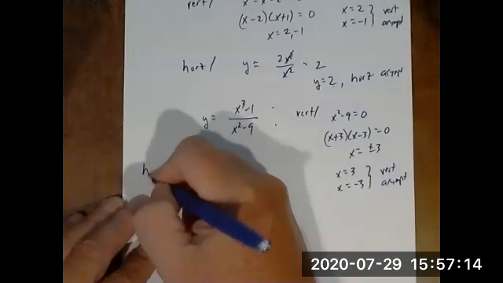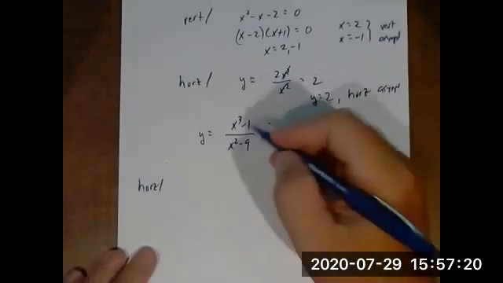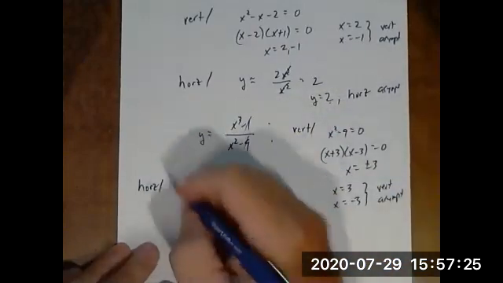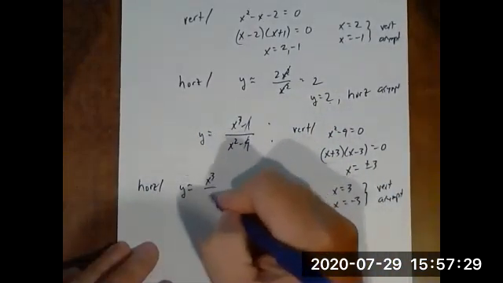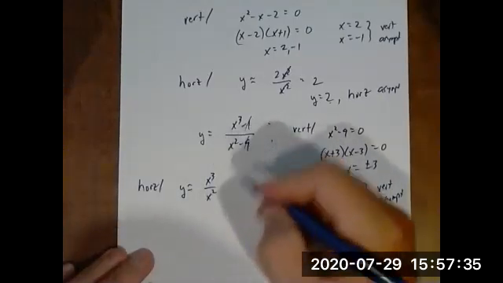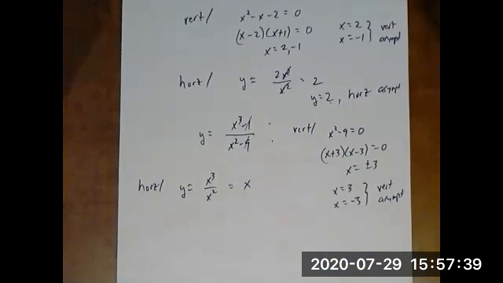How about horizontal? So here's the case where if you get rid of everything but the leading terms, x cubed over x squared, cancel things out, you're left with x.